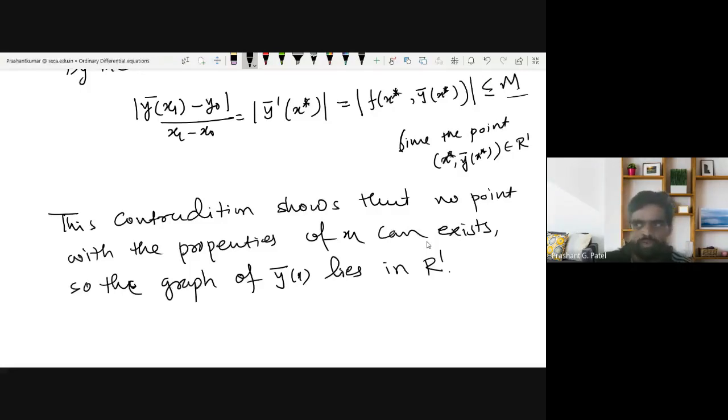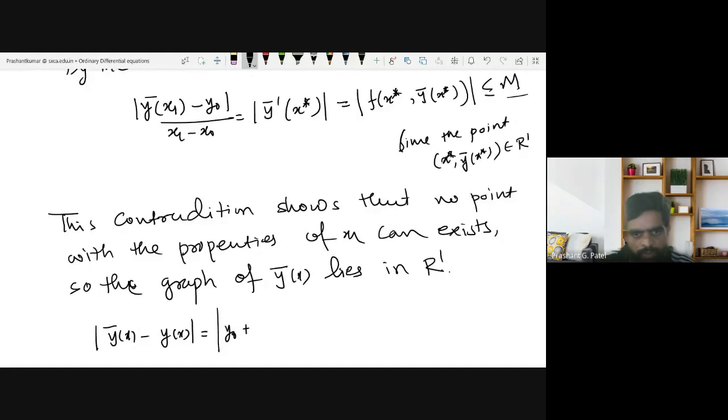In order to complete the proof now, we show that y bar and y, both of them are the solution. So we start with y bar of x minus y of x. Both y bar and y satisfy the integral equation.